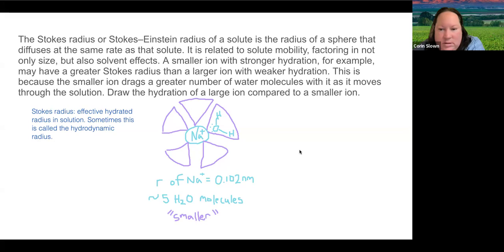So Mg has a radius of 0.065, so it's going to be smaller. And this is 2+. But it can fit 15 water molecules.